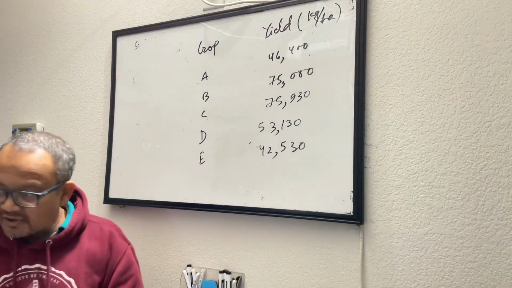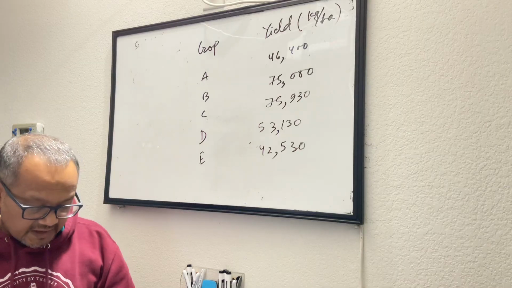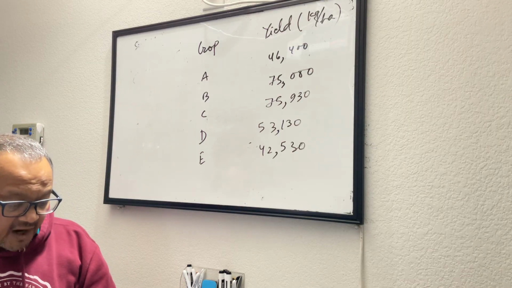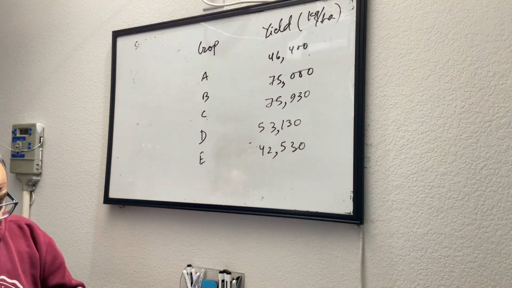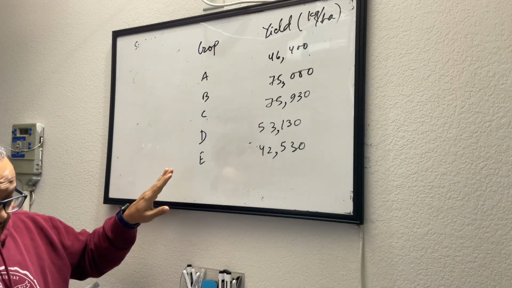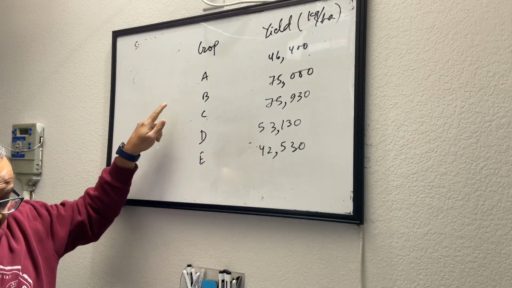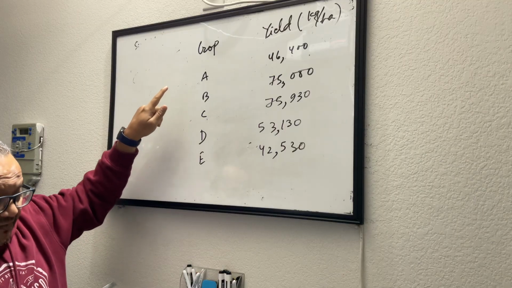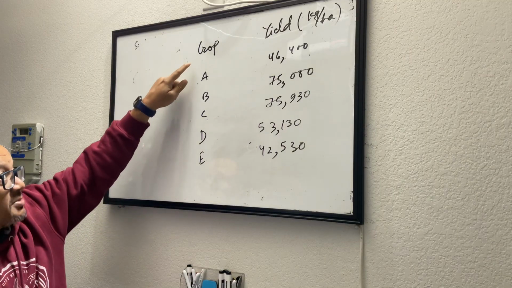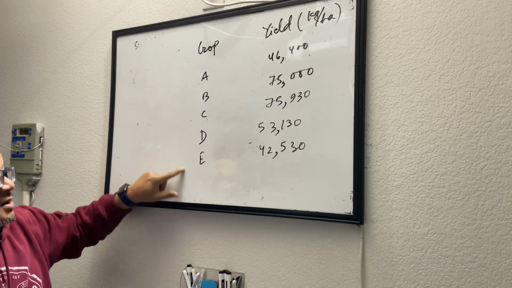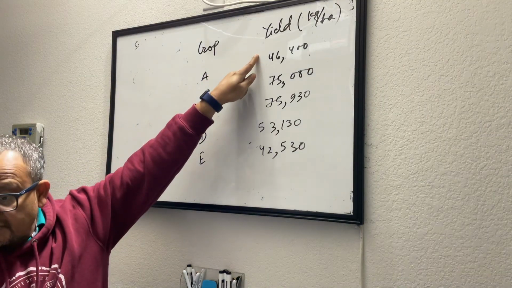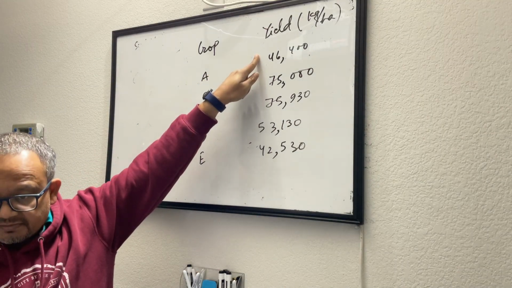This is a table given as part of the problem. And then this question says, a farmer recorded the total fresh yield in kilograms per hectare of several varieties of onion crops. So these are the different crops of onion, and this is the yield in terms of kilogram per hectare.